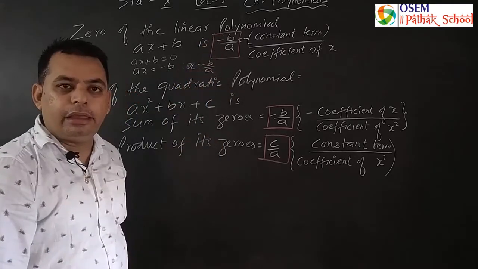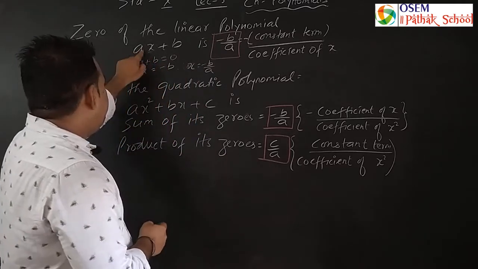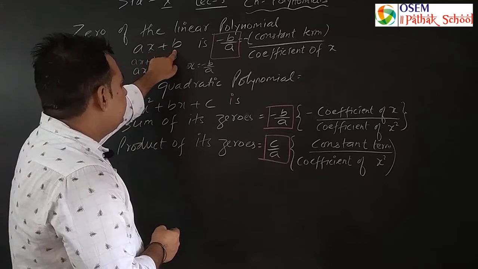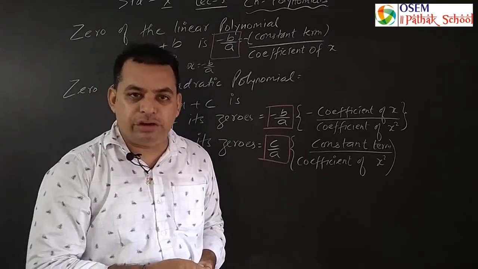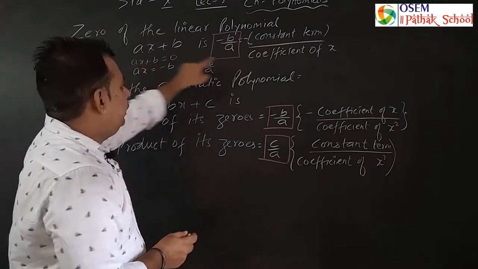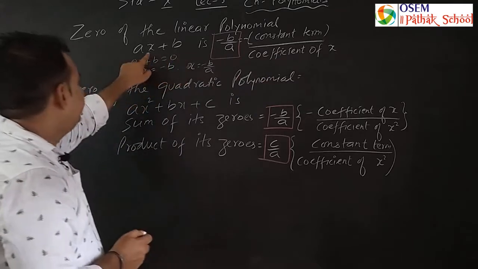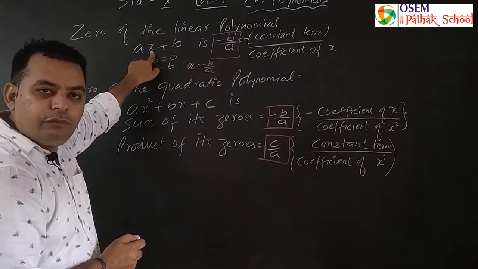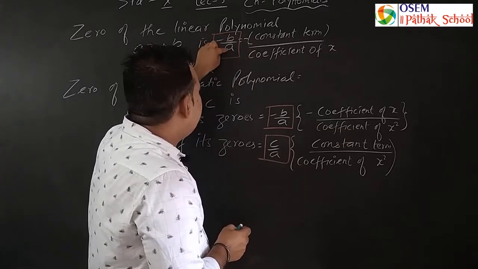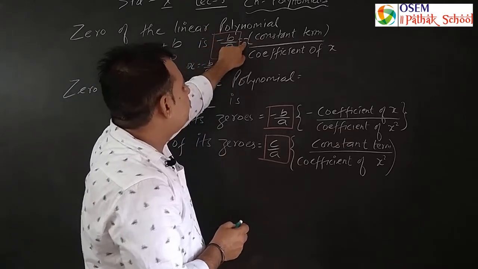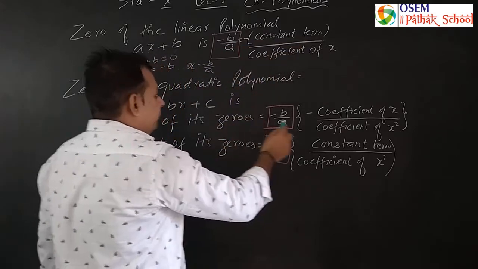And already I have discussed that in ax plus b, b is a constant term, whereas a is the coefficient of x. I have already told you that a coefficient goes with a variable part. So its formula is minus b upon a, that is minus constant term upon coefficient of x.